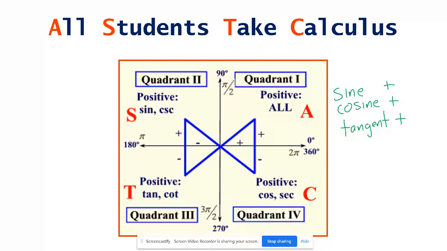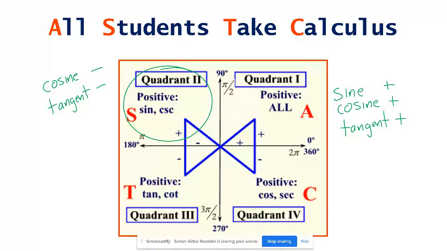When you go to quadrant two, the x value in quadrant two is negative. And so the only thing that's going to be positive here of sine, cosine, and tangent is the sine. So that's why in quadrant two, we have an S. S stands for sine. The sine is positive. The cosine and the tangent are both negative. Now, the reason the cosine is negative is because in quadrant two, the x value is negative, and cosine is the x value.